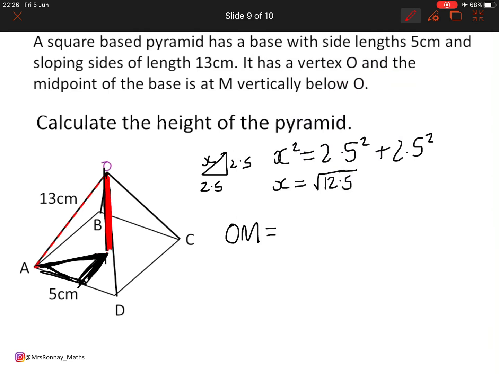It's a shorter side of a triangle, therefore we need to subtract, short side we subtract. So OM equals the square root of 13 squared minus, now we've just worked out the x is the square root of 12.5, so squaring that is going to be 12.5.